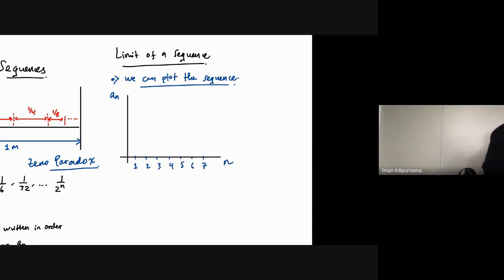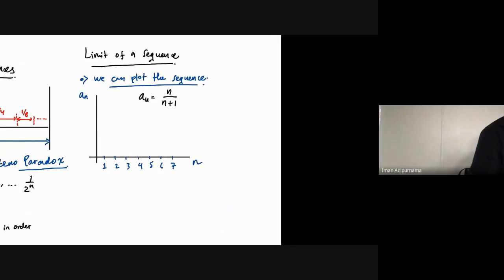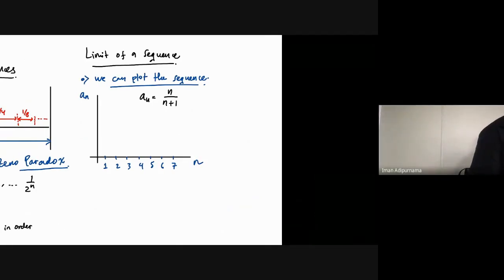For example, let's say a_n is n over n plus 1. a_n can be 1/2, then 2/3, 3/4, 4/5, and so on, right?